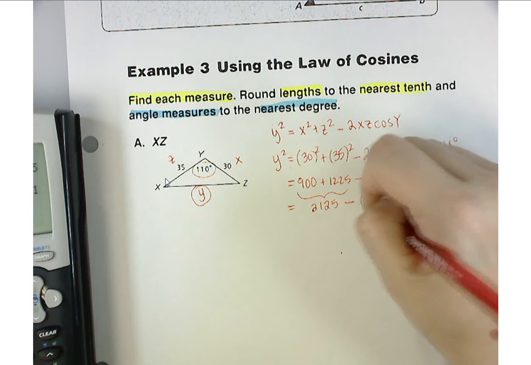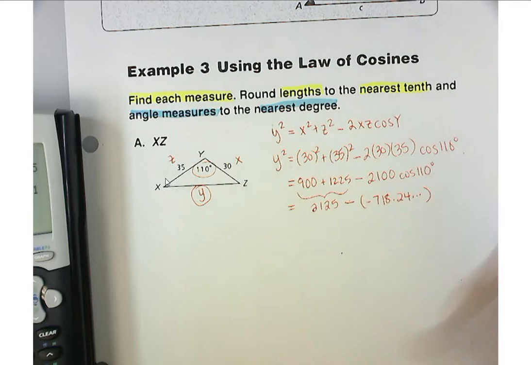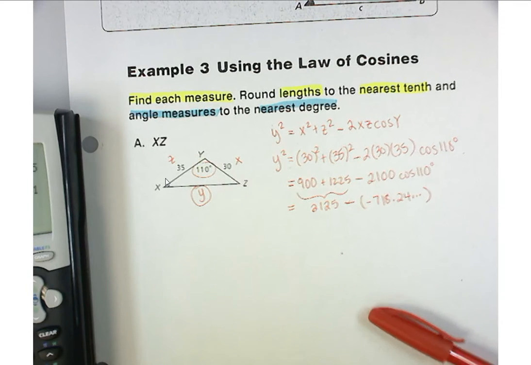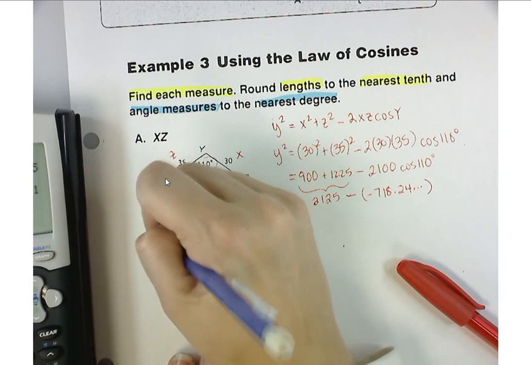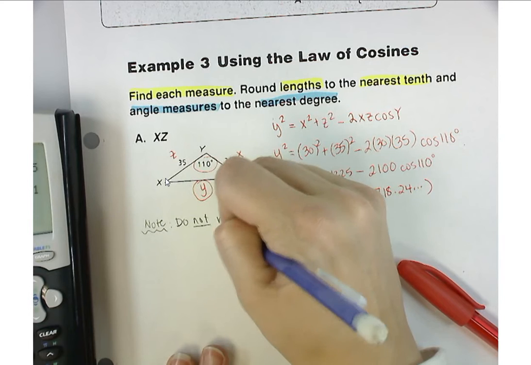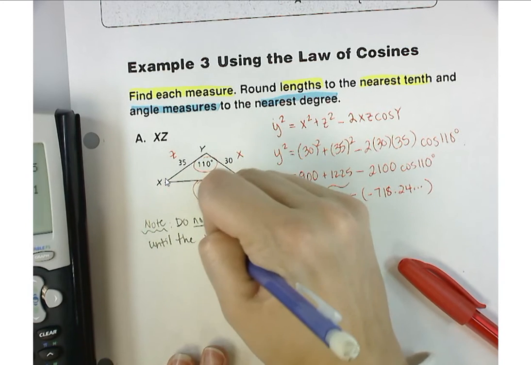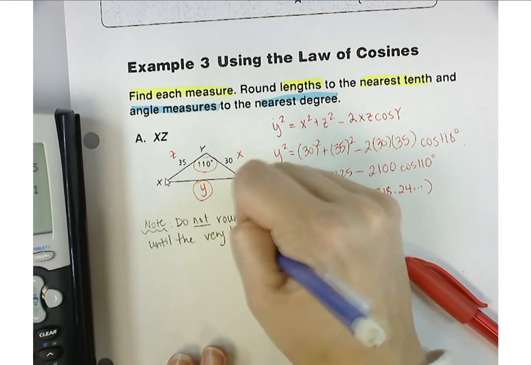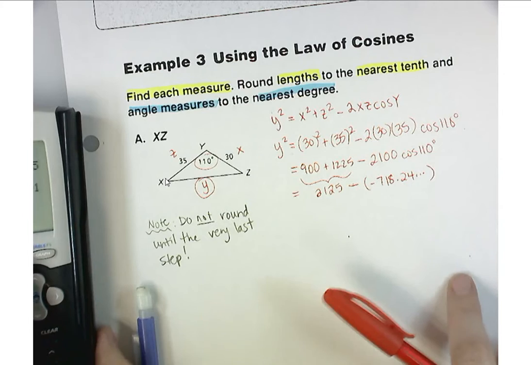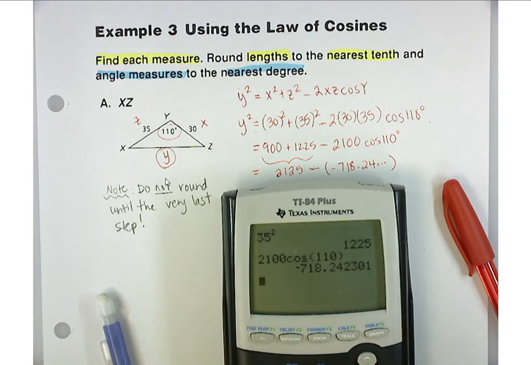Okay, which is negative 718.24, and I'm just going to put dot, dot, dot. You do not want to round until the very end. So what that means is I'm going to keep that value in my calculator, and I'm going to use my second answer button.